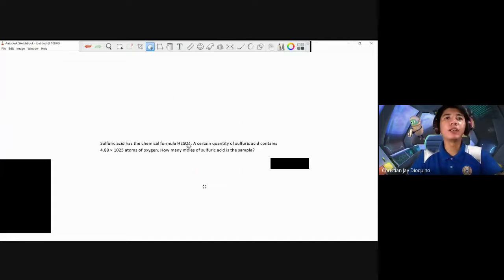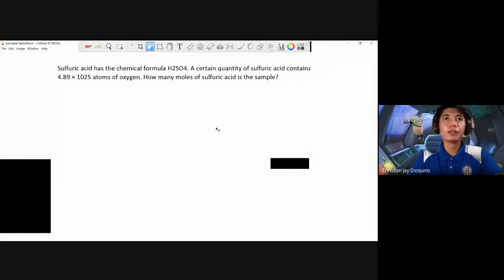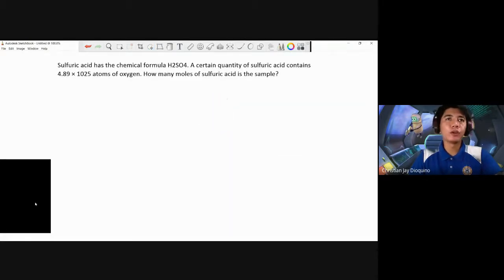Okay, let's say sulfuric acid has a chemical formula H2SO4. A certain quantity of sulfuric acid contains 4.89 times 10 raised to 25 atoms of oxygen. How many moles of sulfuric acid is in the sample?